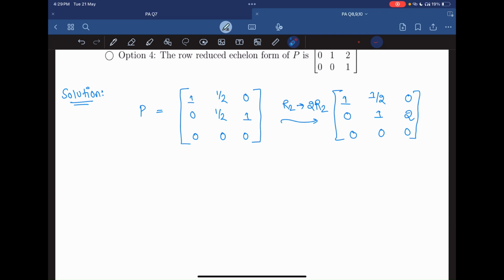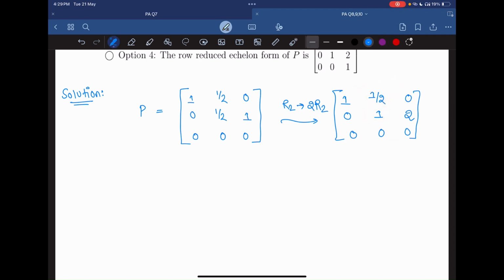Now, this matrix is in REF form, but we have to make it RREF. So that's why we have to make this entry 0. Because for RREF, there's one more condition that each leading entry in every row should be the only non-zero entry in its corresponding column. So for the second row, this is the leading entry, and in its column, this entry we have to make 0 as it is not 0 yet.